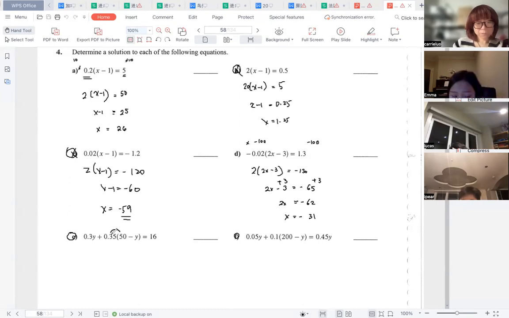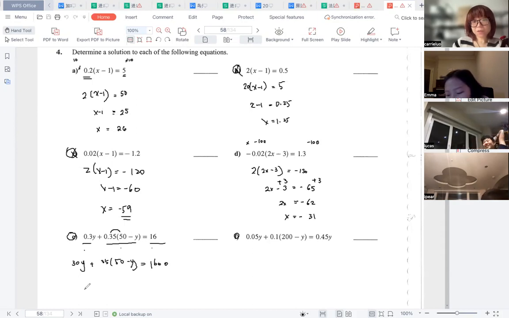Which one are we doing? Number E, okay? So let's take a look at number E. For these ones, I need to times 100 for 1, 2, 3 terms. So it's 330y plus 3550 minus y equals 1,600. Okay, you times them out.